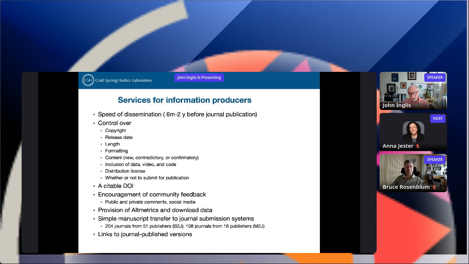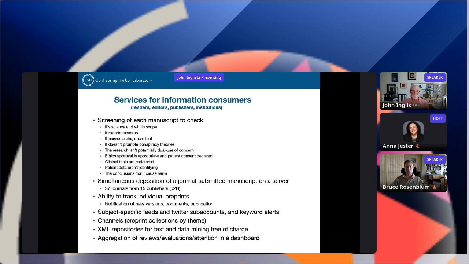And the numbers of journals with which bioRxiv and medRxiv are integrated is growing rapidly, currently over 200 for bioRxiv and over 100 for medRxiv, but these numbers will continue to increase over the next few months. And when that manuscript is published in the journal, then we make links between the preprint and the published version.